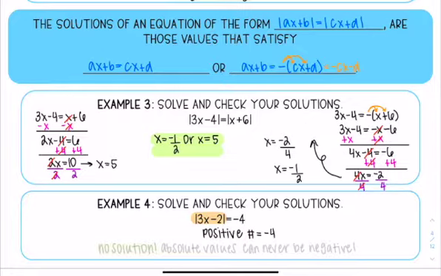But a positive number, no matter what it is, will never be negative 4. And so the answer to this is going to be no solution. Absolute values can never be negative.